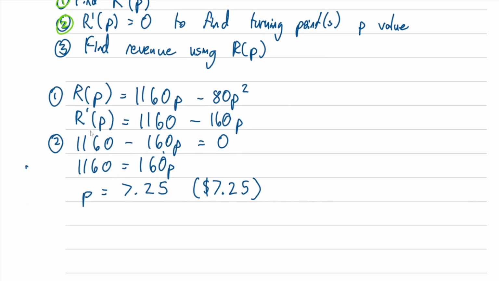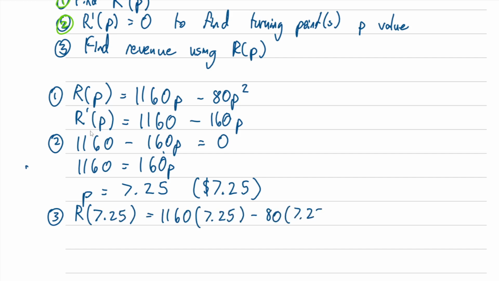So our last step is to find what that maximum is. In our revenue equation, we will substitute 7.25 in for P. Crunching the numbers, we get $4,205.